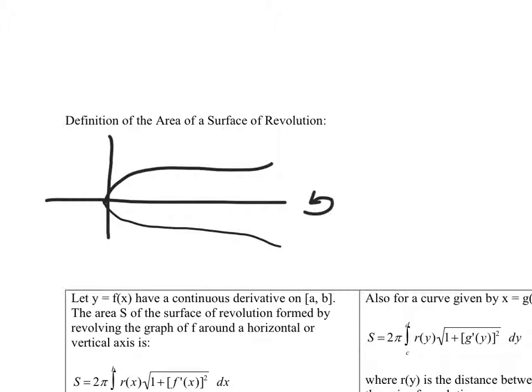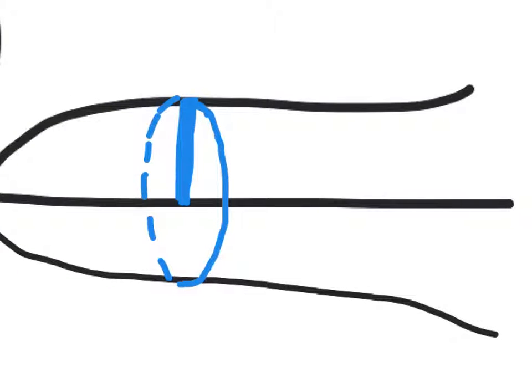I'm going to use the disk approach. So I'm going to have some distance. You can do it for a bunch of different places if you want, but one is enough. All right, but what I'm going to do is give it a little bit of thickness. So I'm going to bring it in a little bit, and along the surface, I'm going to draw a little line segment here.